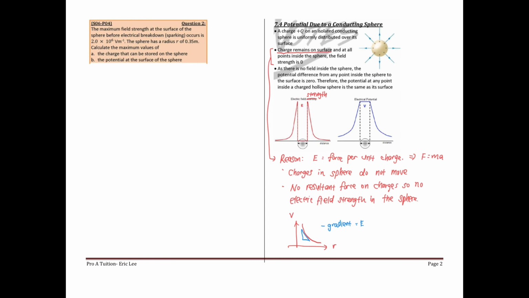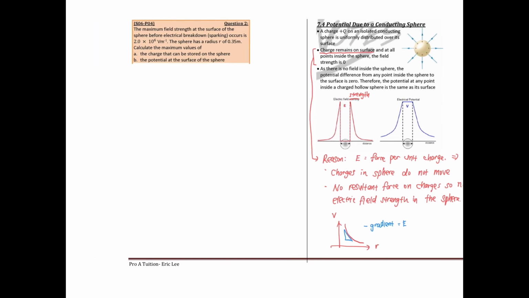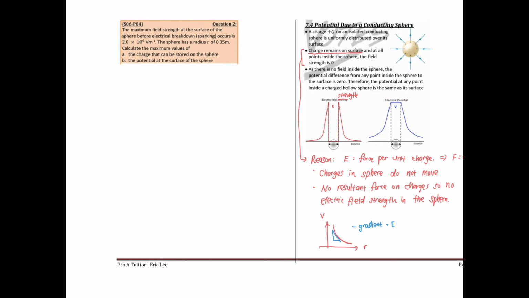Now let's come back to the question here. The question on the left hand side is about a sphere. For the first part, the maximum field strength at the surface of the sphere before electric breakdown, which is sparking, occurs is 2.0 times 10 to the power of 6 volt per meter.